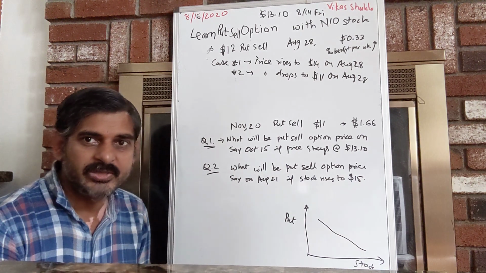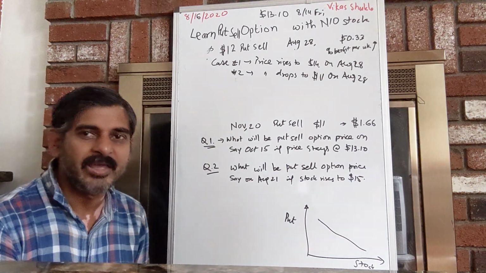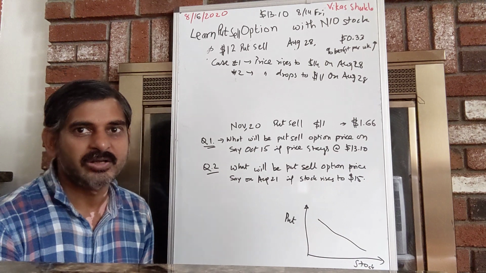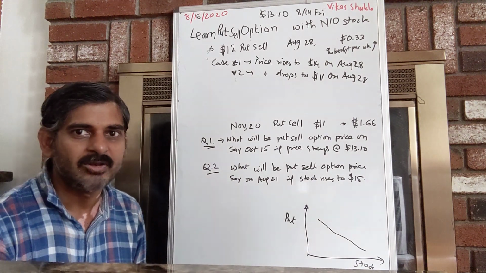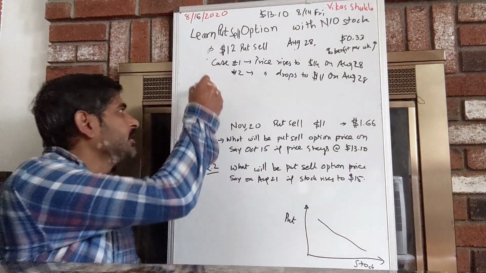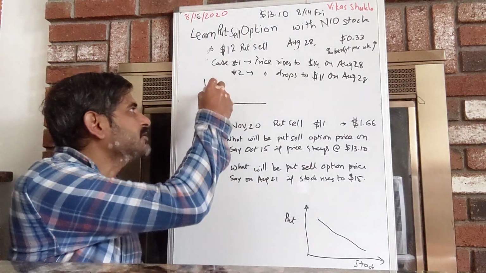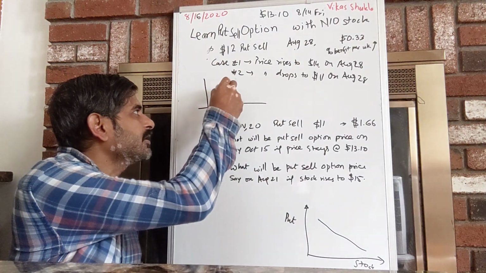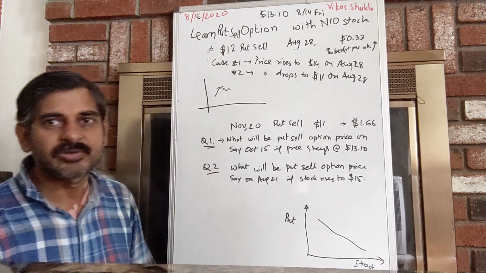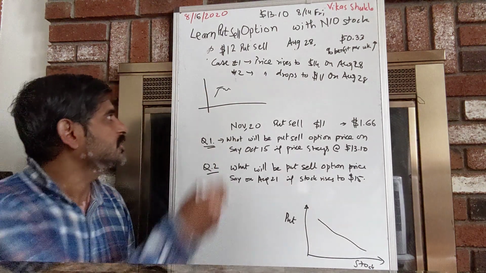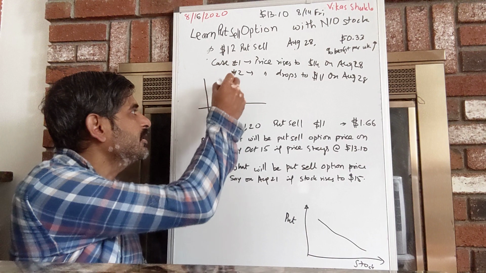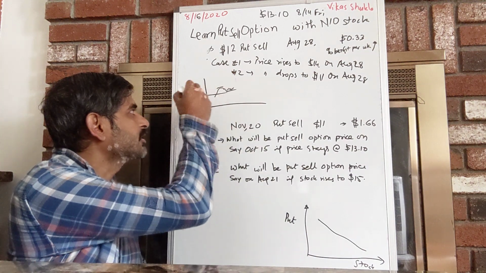Now there is one case where you will feel like your strategy was not that good, and I will tell you about that also. Let's say right now the price is something like this. This is the peak price it reached a few weeks ago, $16. Right now it's somewhere here at $13.